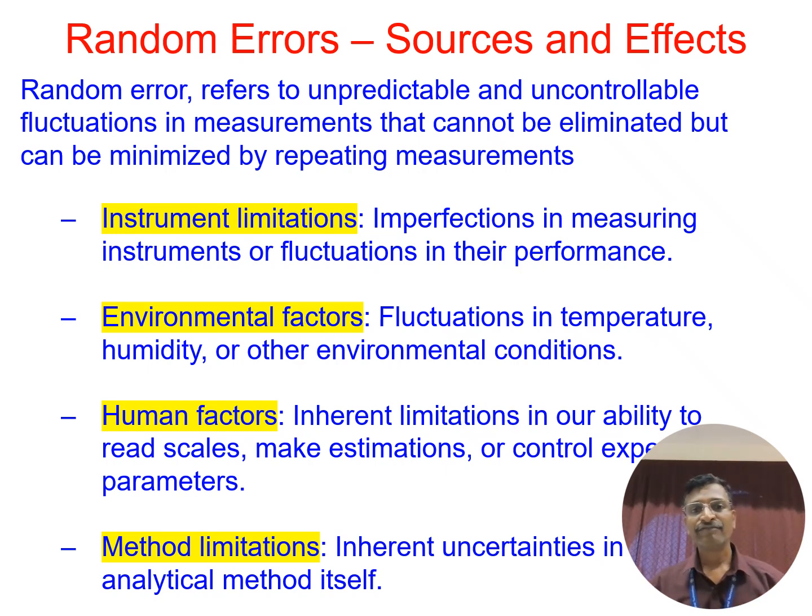The first one is imperfection in the measuring instrument or fluctuations in its performance. That may be due to the usage of the instrument. Suppose the instrument is used continuously, or there are fluctuations in the power supply, the output will be dropped. The second thing is environmental factors.